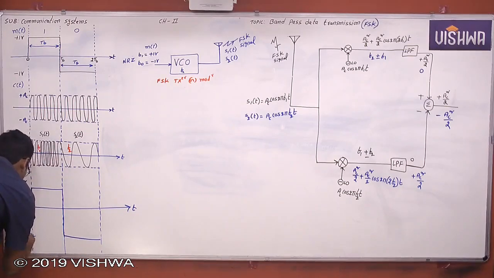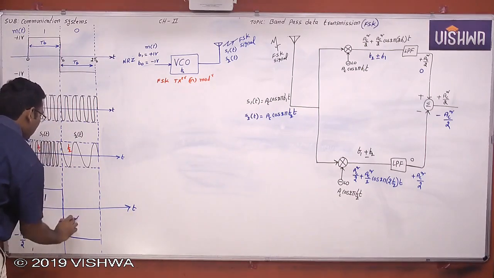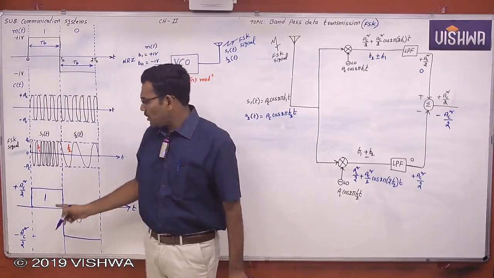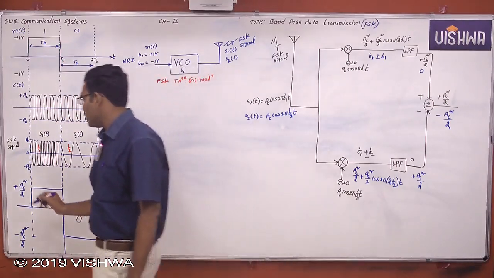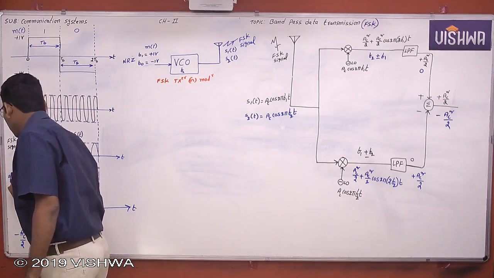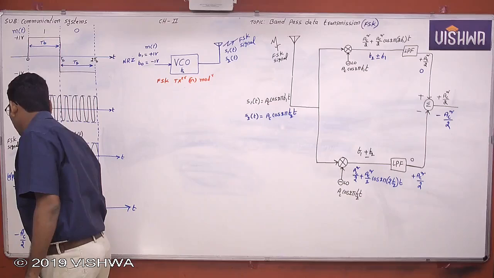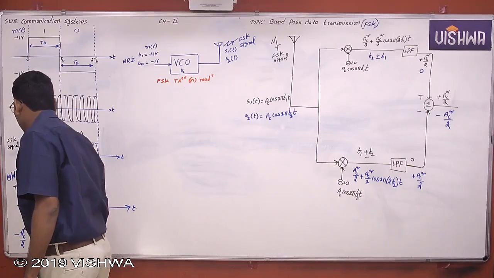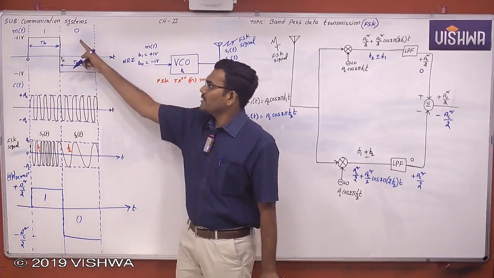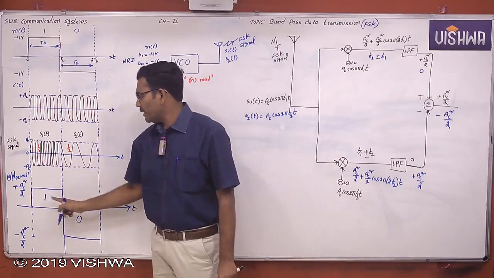This is negative voltage, less than 0. Positive voltage is greater than 0. So this is binary 1, this is binary 0, which is the output of the demodulator. Whatever binary 1 and binary 0 were transmitted, you get binary 1 and binary 0 back.